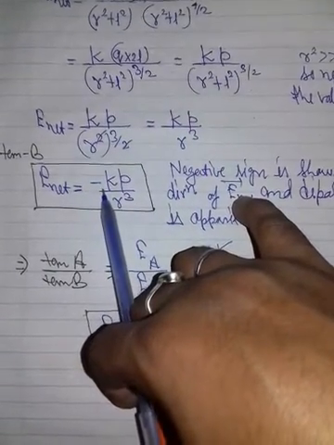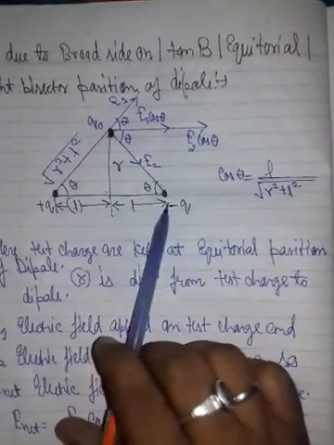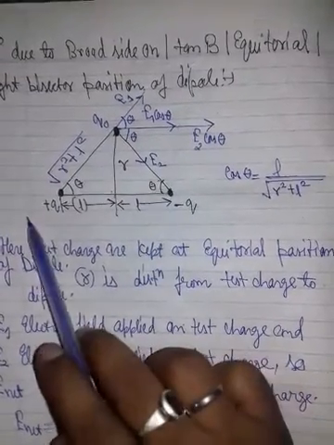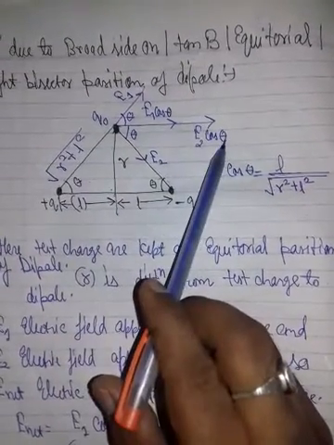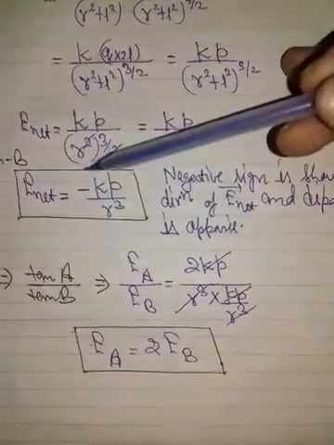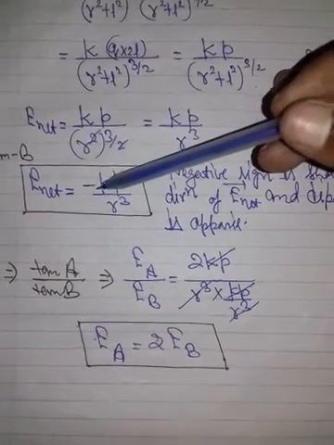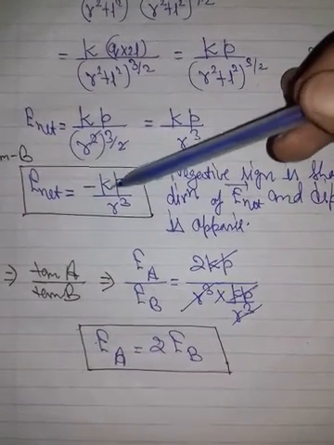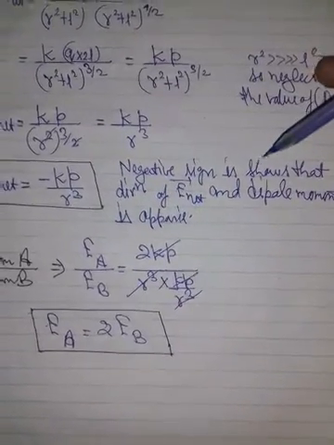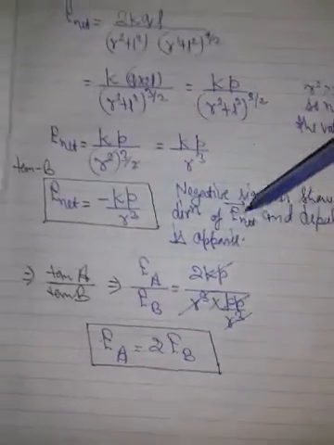The negative sign means that the electric dipole moment is from negative to positive direction, and the net electric field is in the opposite direction. So the minus sign is in this equation, and the value is kp upon r cube. The negative sign shows that the directions of the net electric field and the dipole moment are opposite.